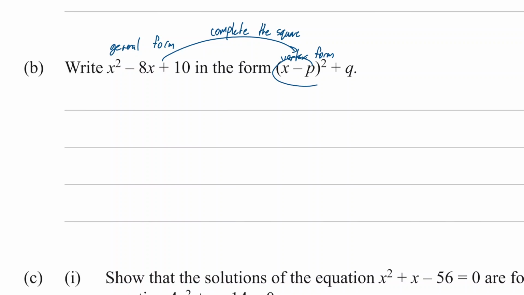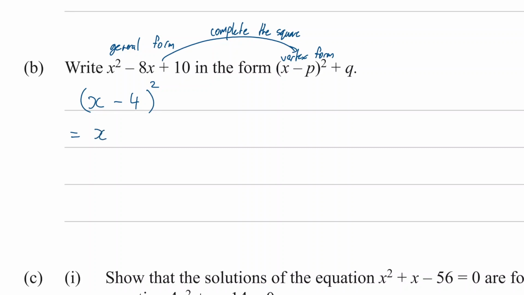And to get this x minus p squared term here, all we do is we put in x, and we add half of the coefficient of x. So instead of minus 8x, we have minus 4. So that's half of minus 8. Because when we square it, let's have a think what happens. This is just some side working to show you.